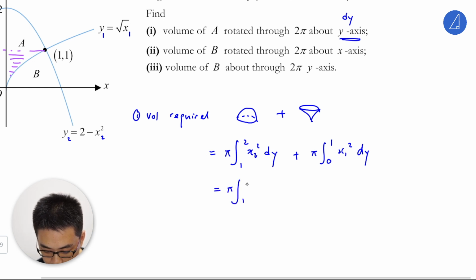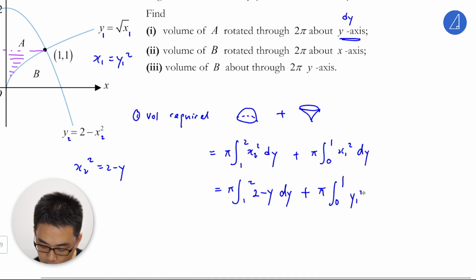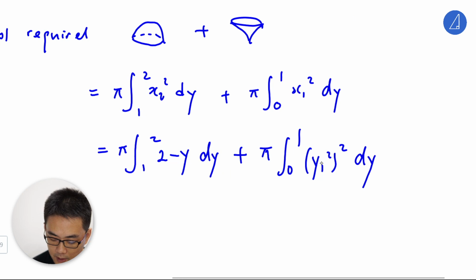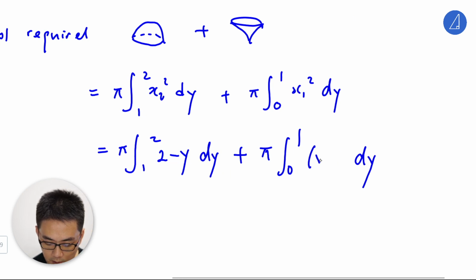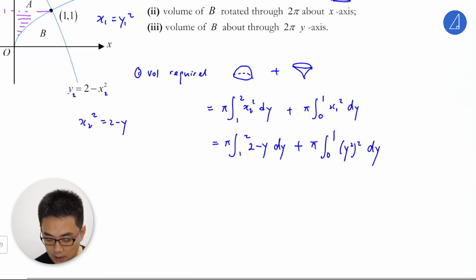So x2 squared is equal to 2 minus y. And x1 equals y1 squared. And remove the subscript when keying in. Then we just key in the calculator.